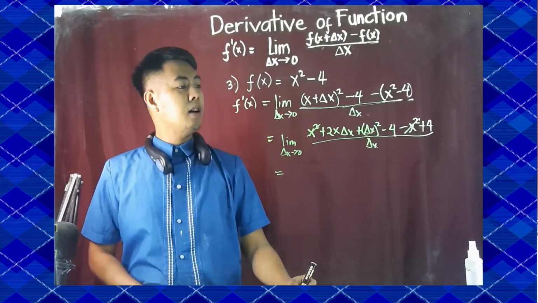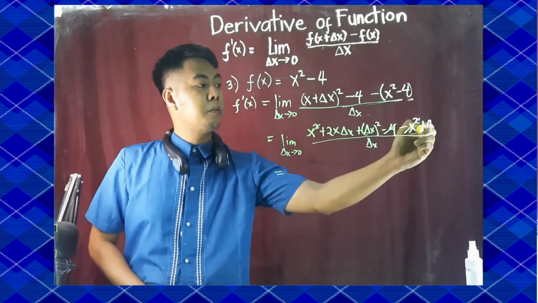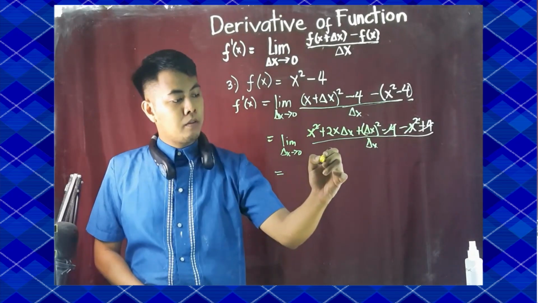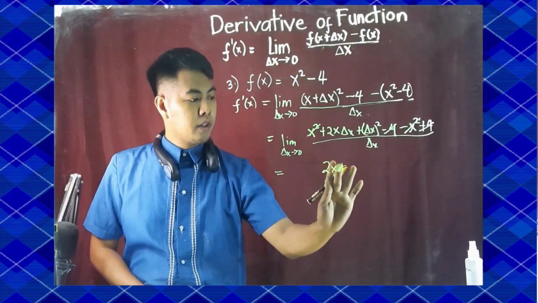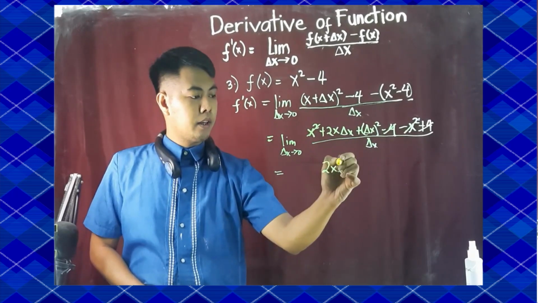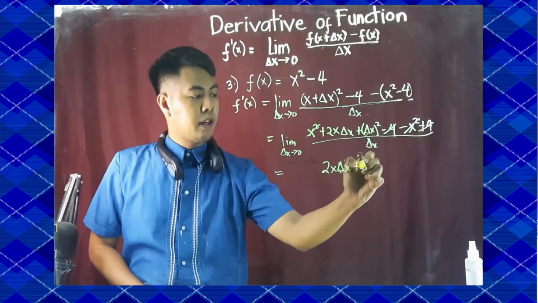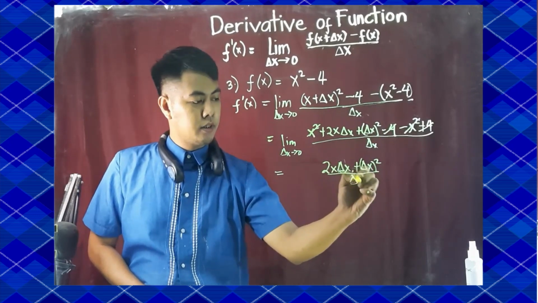Next, we have negative 4 plus 4. That is also 0. So the remaining terms now in the numerator, we have 2x delta x plus delta x squared all over delta x.